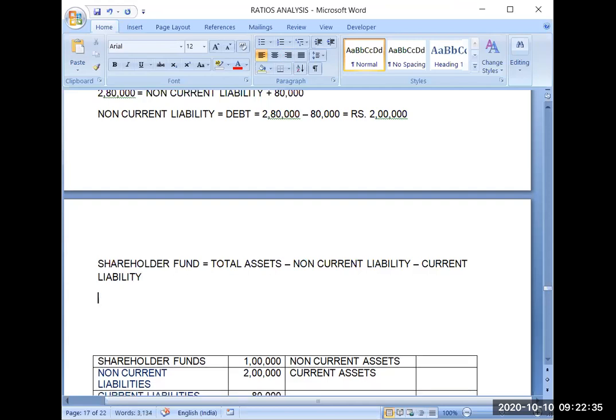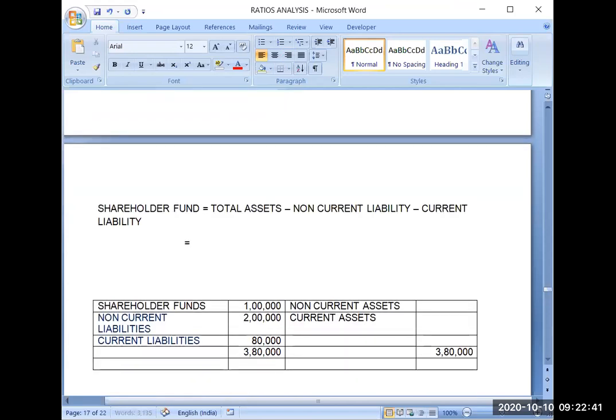So shareholder fund I can calculate is equal to total assets, 3,80,000, minus 2 lakh, minus 80,000. It is coming 1 lakh. So this value I have calculated.